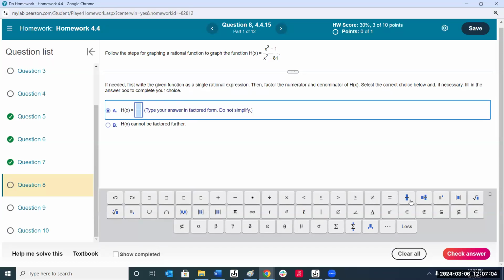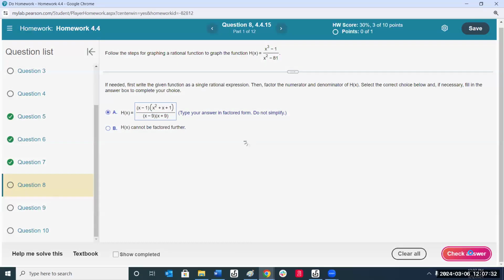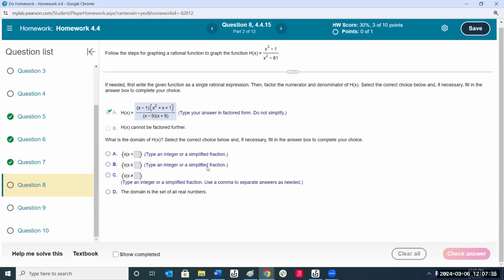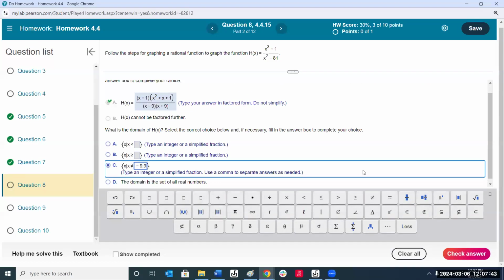And you have two vertical asymptotes, so the top will be (x minus 1)(x squared plus x plus 1) over (x minus 9)(x plus 9). X cannot equal -9 or 9.